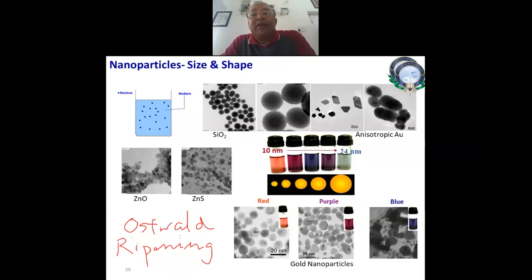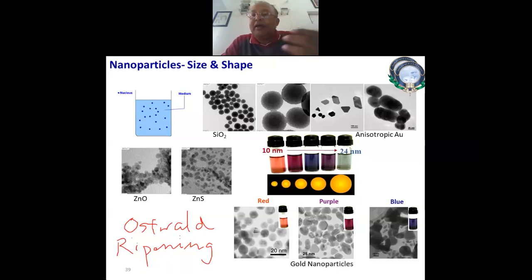Okay, and these images that you see here, if you look at it, they appear very two-dimensional, right? Flat type of images, and these are taken using a microscope which is called the transmission electron microscope. I'll explain all these gradually, but this image is taken using a transmission electron microscope.